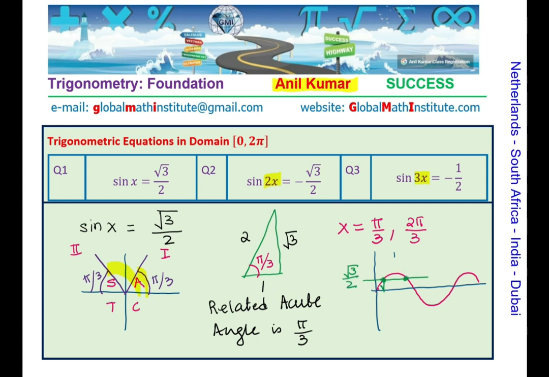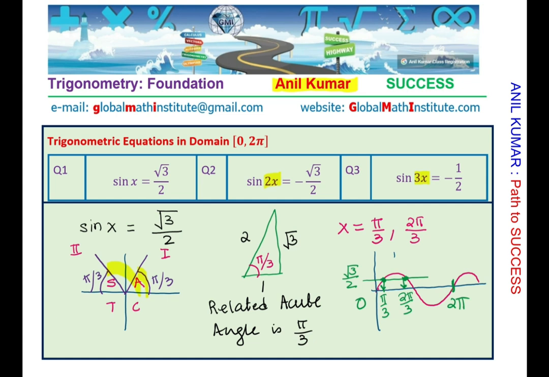Those two are the solutions for the sine wave from 0 to 2 pi. Makes sense? So you can clearly visualize that the first two quadrants and the values pi by 3 and 2 pi by 3 will provide you the right solution. Perfect. So that was easy.